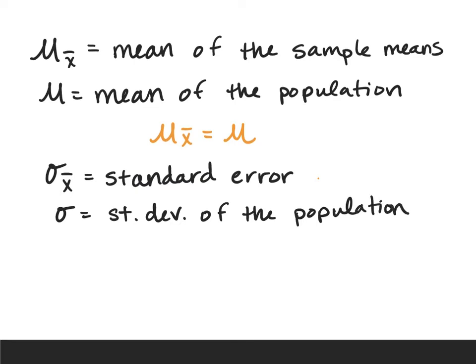Hopefully you saw this: the way we calculate our standard error is the standard deviation of the population divided by the square root of the sample size. Of course, n is our sample size.